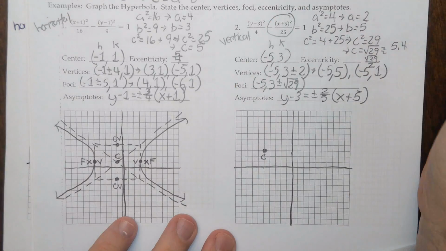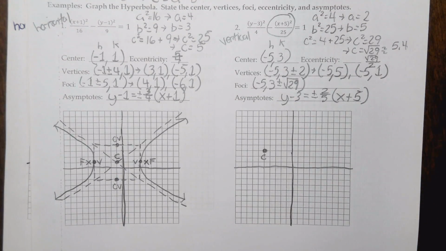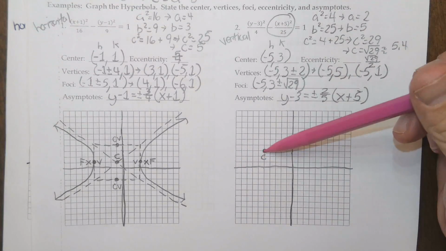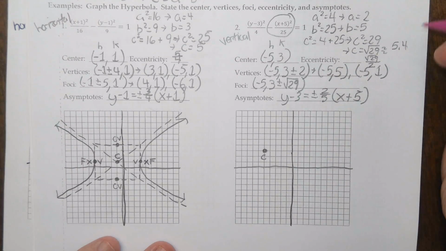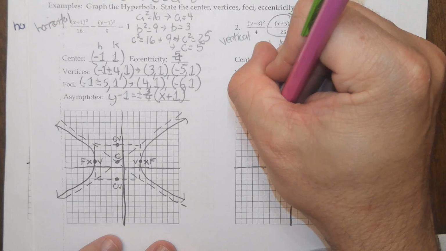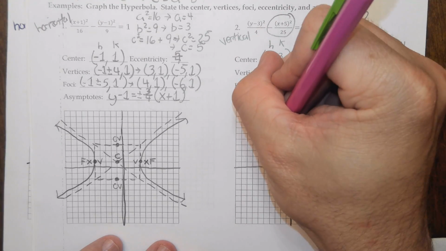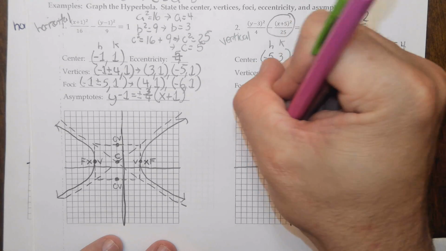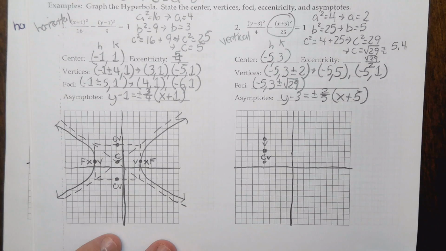So there's our center. This time we've got a vertical hyperbola, so I'm going to go up and down a for my vertices because it's vertical. a is 2, so up 2 and down 2. There's our 2 vertices.